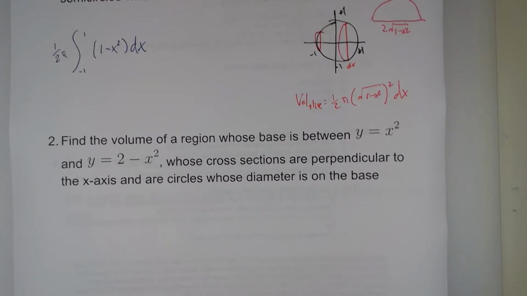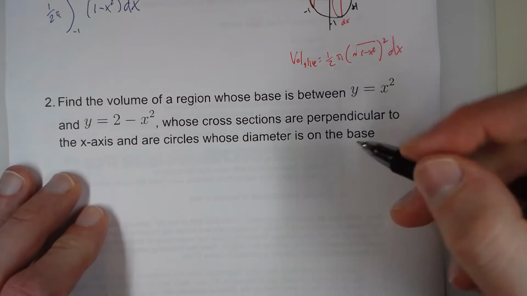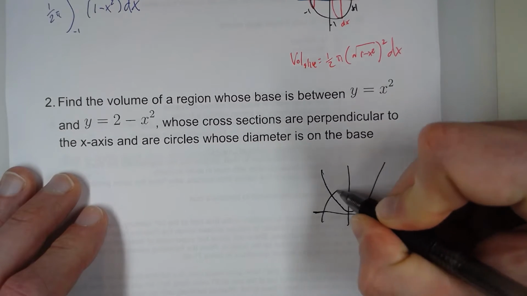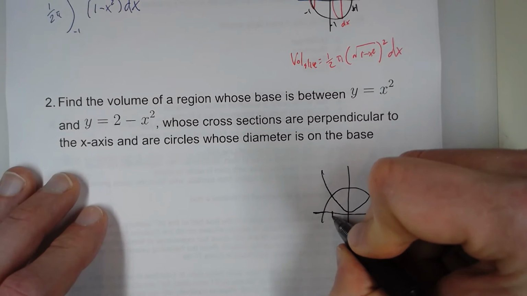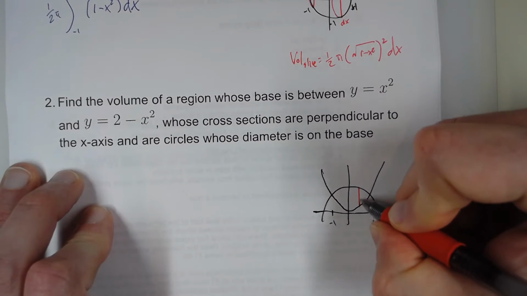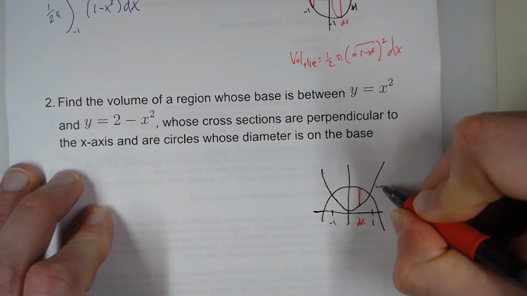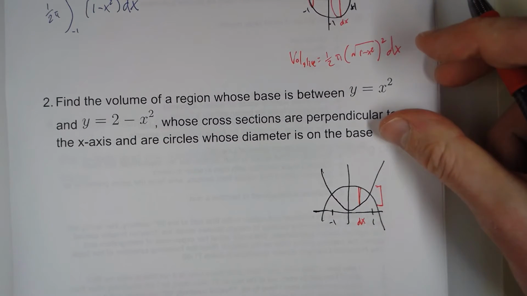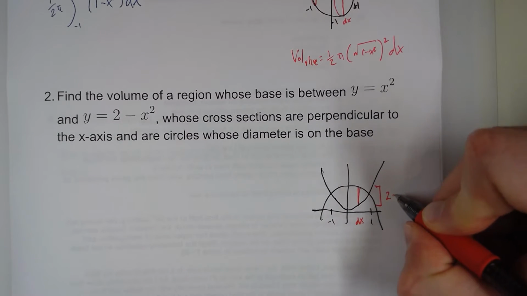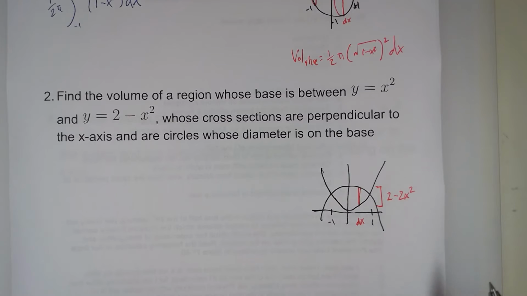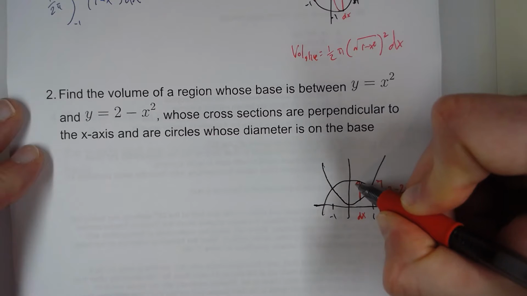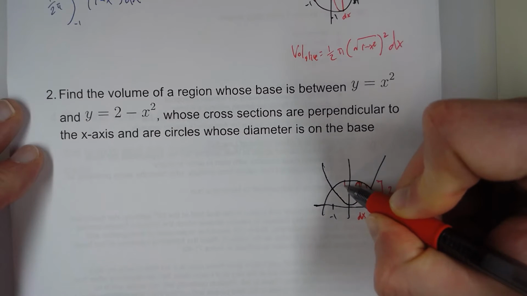Number 2, here we have the region between y equals x squared and y equals 2 minus x squared. And this is -1, and this is 1. So here we've got dx as our thickness, and as we saw in the previous video, the length from one curve to the other is 2 minus 2x squared. Now here, the circles whose diameter are on the base, so actually it looks like this.